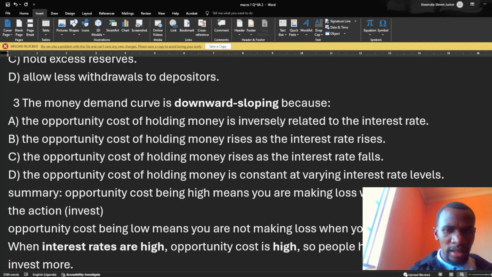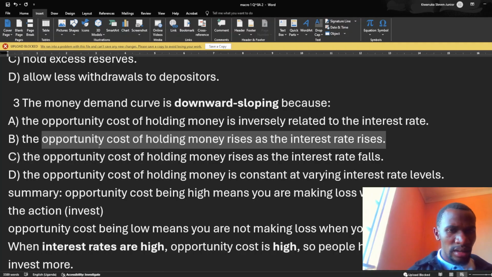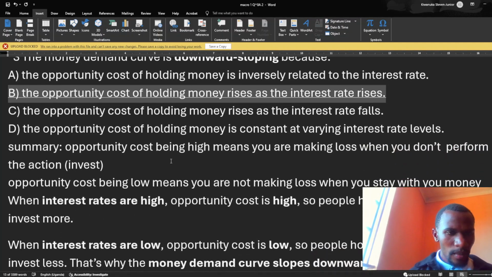Our answer here is B, the opportunity cost of holding money rises as the interest rate rises. Now I'm going to explain this. This is tested and proven.